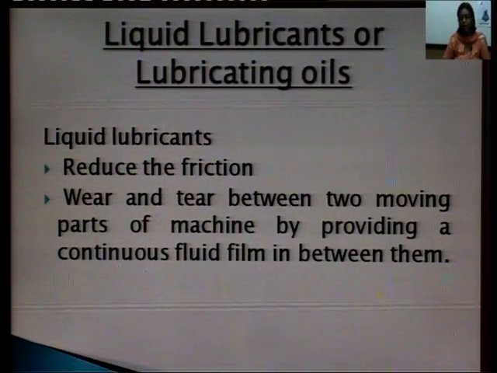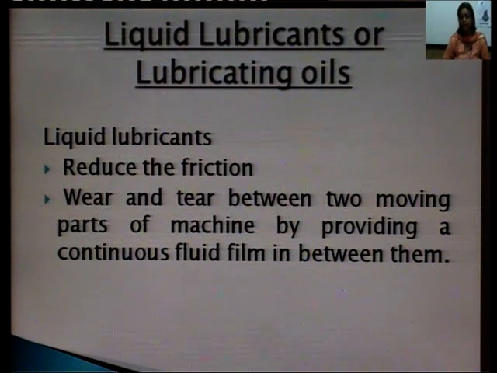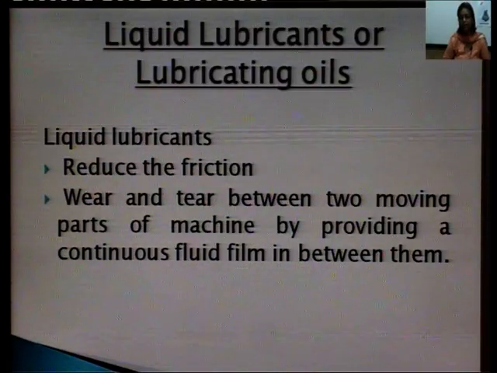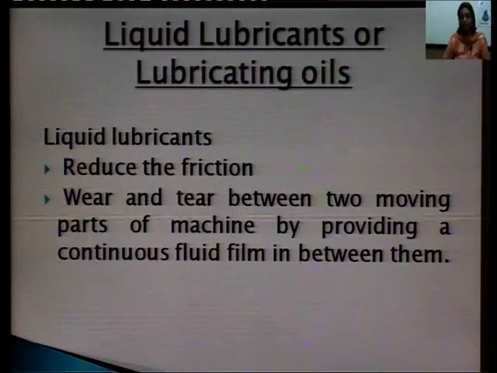So, the oil which we apply in the machine creates a continuous fluid film. That is why the two moving parts remain away from each other, and this reduces the friction and wear and tear between the two moving parts.